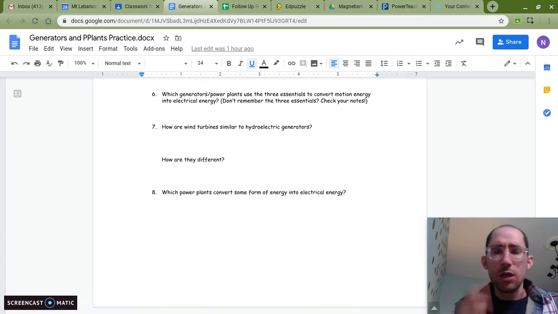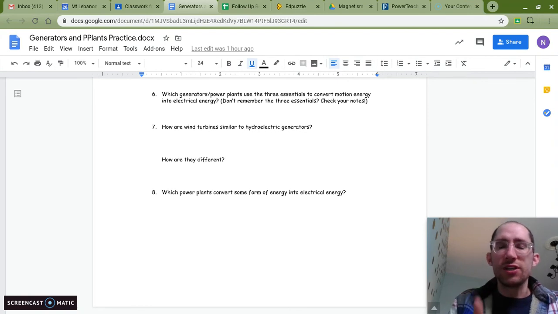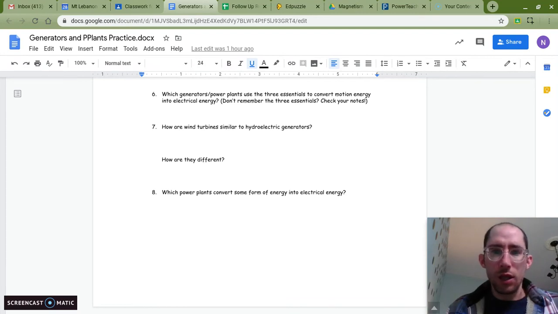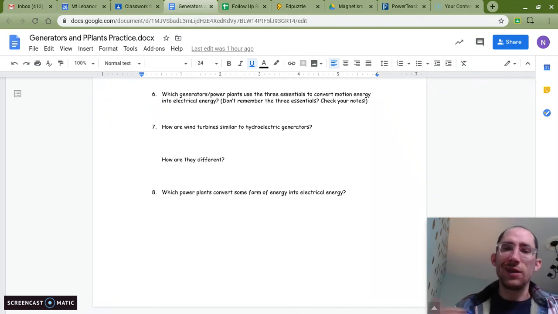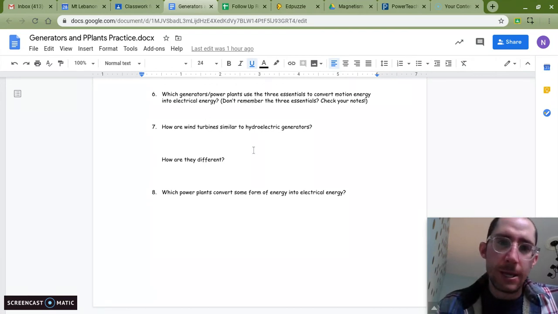That's pretty much it, except for solar, but solar still involves the conversion of some form of energy into electrical instead of motion. Light is actually a form of kinetic, but anyway, solar is light into electrical, so it still counts. They all convert some form of energy into electrical energy.